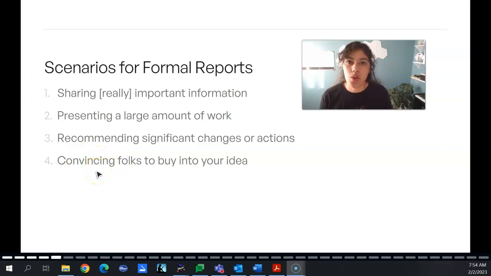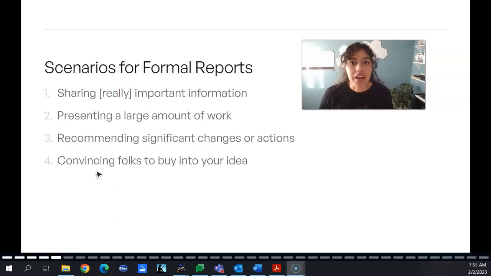This comes much more with proposals. But again, you want to show off this, I'm taking this super seriously. A lot of work is going to be in here, so I'm giving you this very formal document to show that I'm serious.